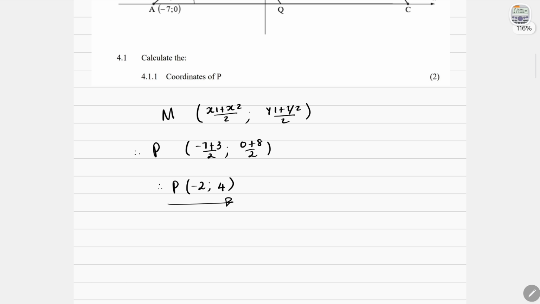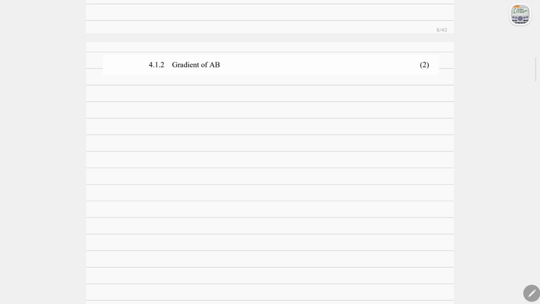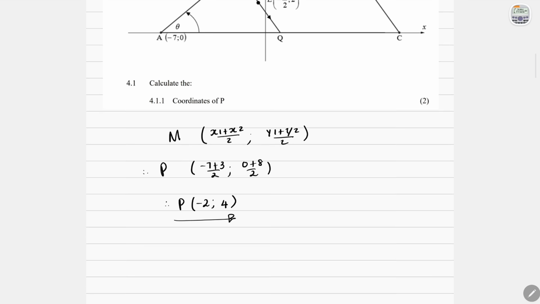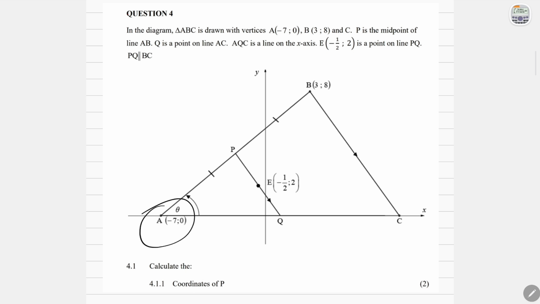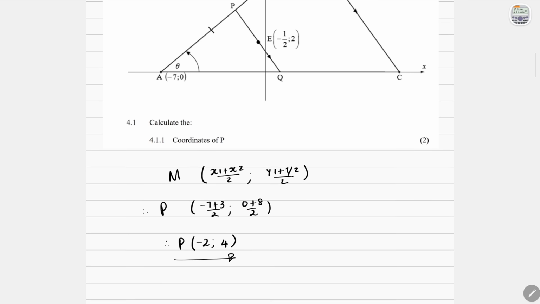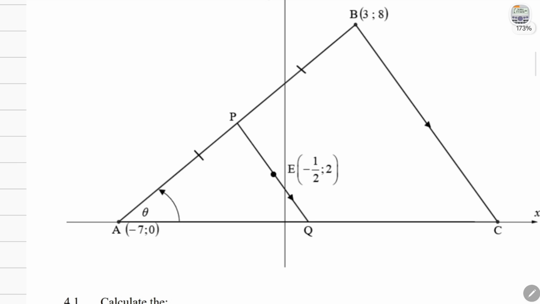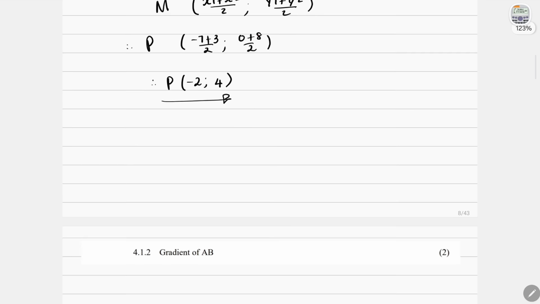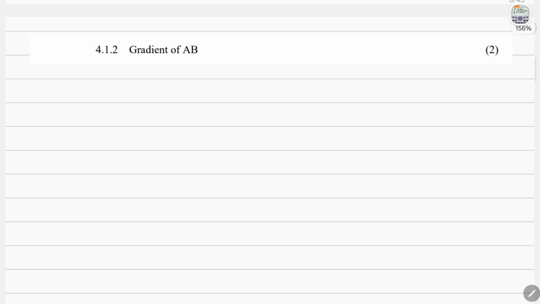Moving on to the next question. Question 4.1.2 asks us for the gradient of AB. And these are 2 points that we already have. Also, let me just make sure to put down this point P because it's probably going to be useful in the next questions. Okay, so let's find AB. We'll just put our points down and find the gradient of this. So the gradient is equal to y2 minus y1 over x2 minus x1.